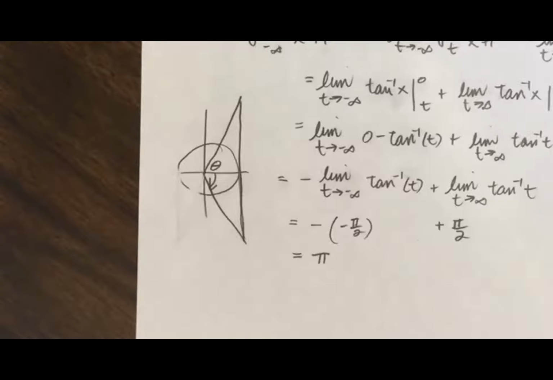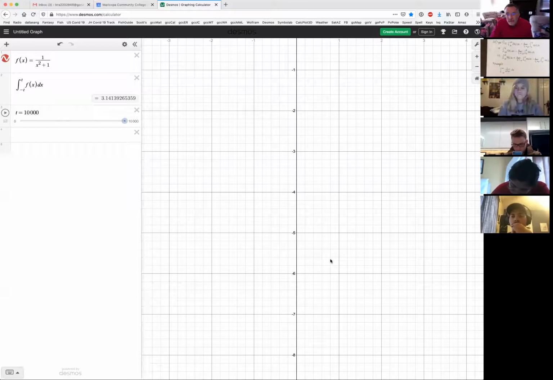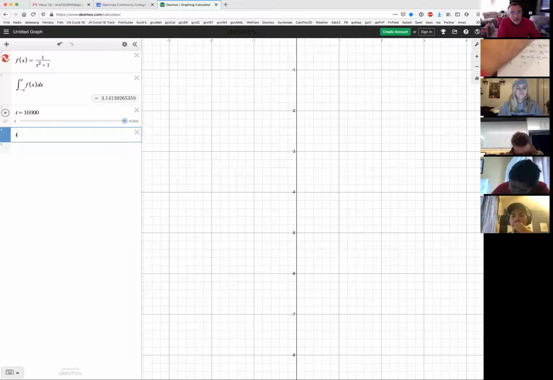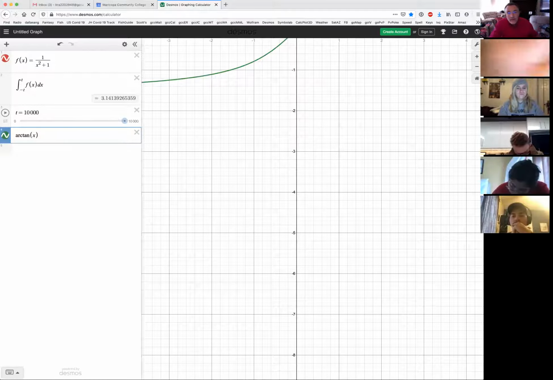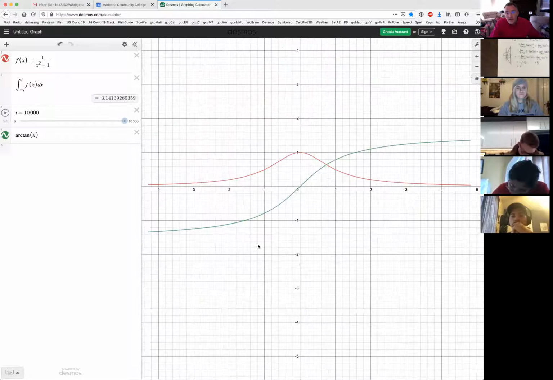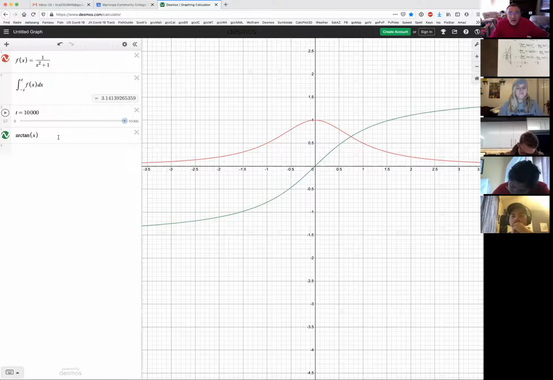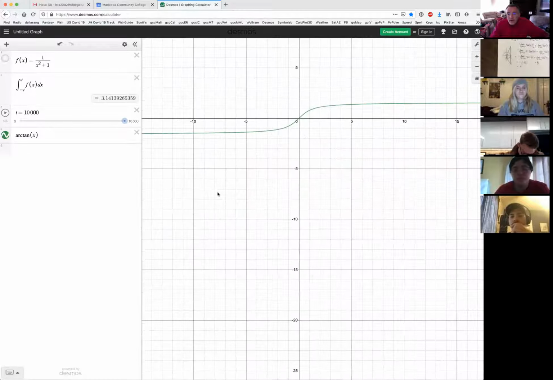I find that I don't have to shorten it too much because I can just pop over here like this, and I can say, well, I wonder what inverse tangent is doing, right? So if I'm looking at inverse tangent, then I'm looking at this green thing. So now I'm feeling like I know what it's doing. I can turn that one off if you like. What's it doing? It's going flat on both sides. So it's going flat over here at pi over 2.